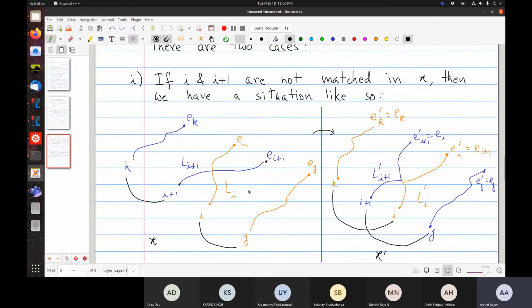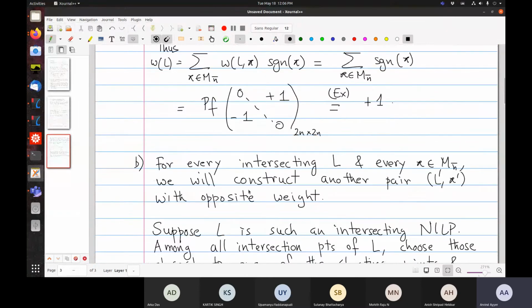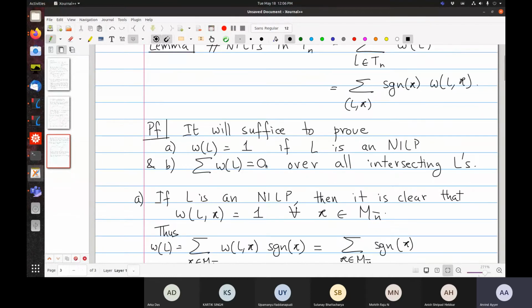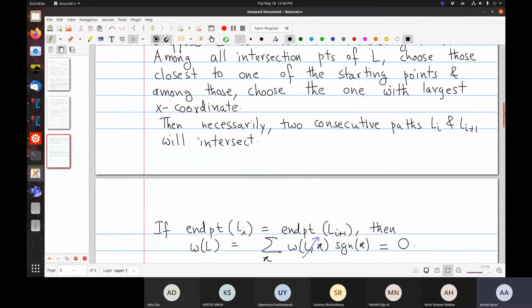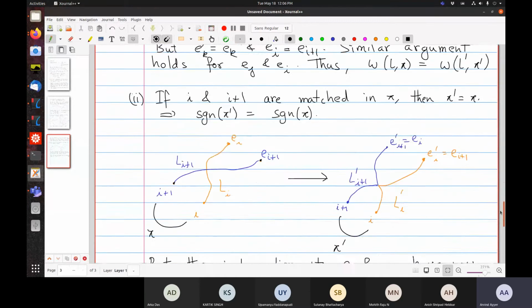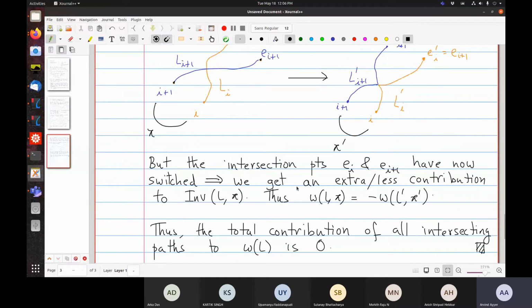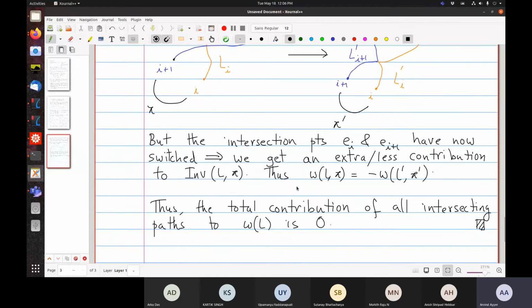Right? So remember, part B was proving that the sum over weighted lattice paths, weight of intersecting lattice paths, is 0. Part A we have done modulo this exercise. So we have proved, rather an elegant proof, using non-intersecting lattice paths and matching.